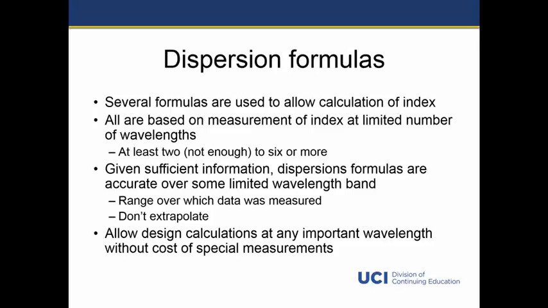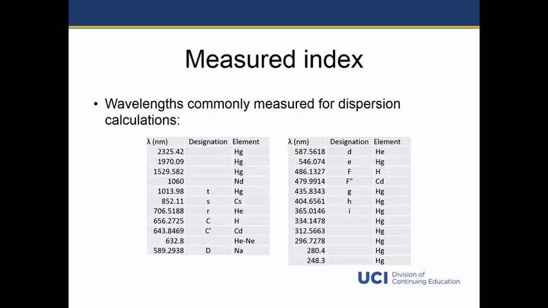When we talk about the visible wavelength region, for instance, we're talking about the wavelength region from the F through the D wavelength all the way out to the C wavelength. So from 486 to 587 to 656 nanometers is typically what we refer to as the visible wavelength spectrum when we do our optical design.